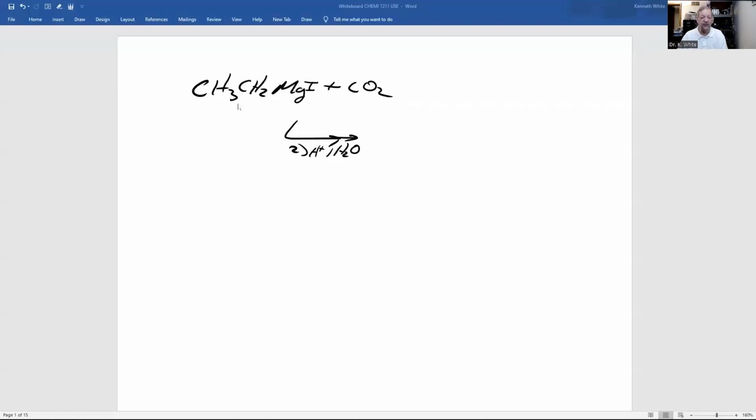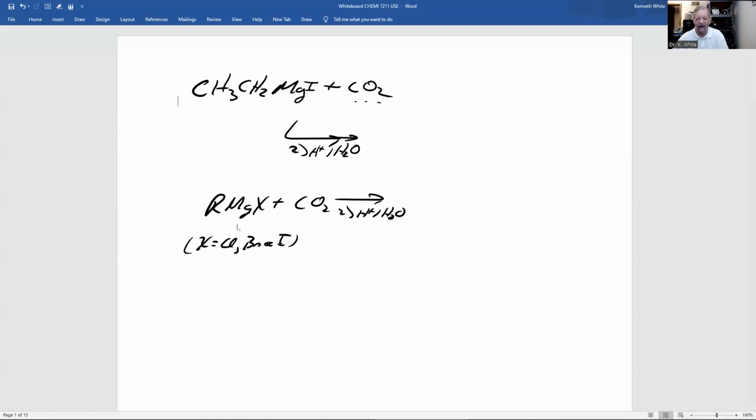So if we look at this first thing, CH3, CH2, ooh, magnesium iodide. That's a Grignard reagent. And remember, X can be chlorine, bromine, or iodine. And you react it with carbon dioxide, that's CO2, and second step acid and water, and you get this carboxylic acid that's 1 carbon longer than the R group you started with.